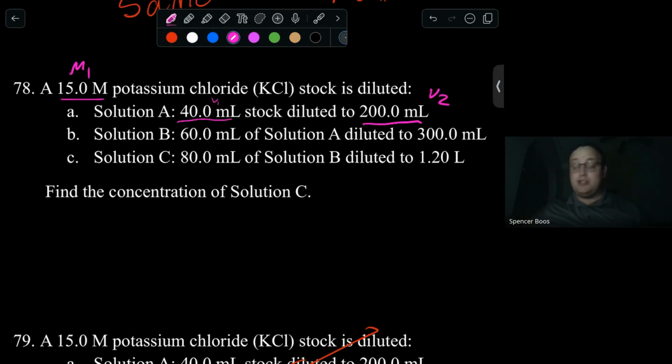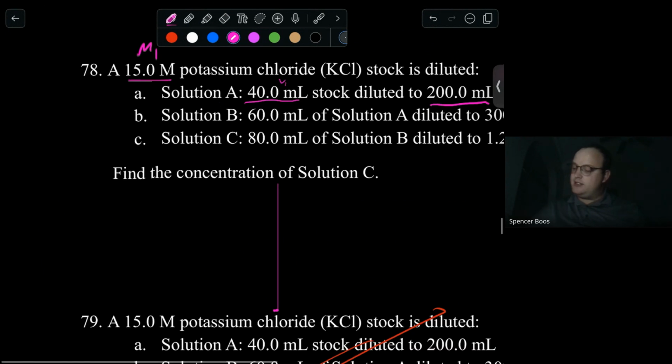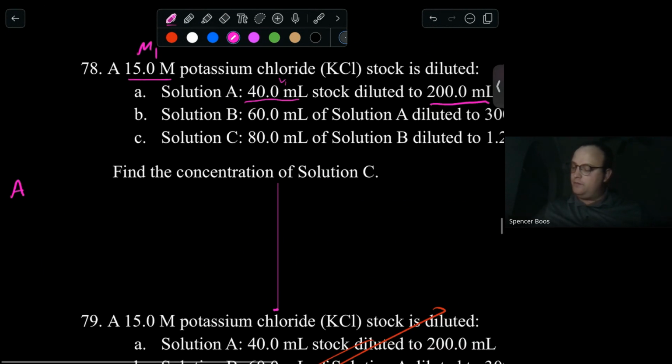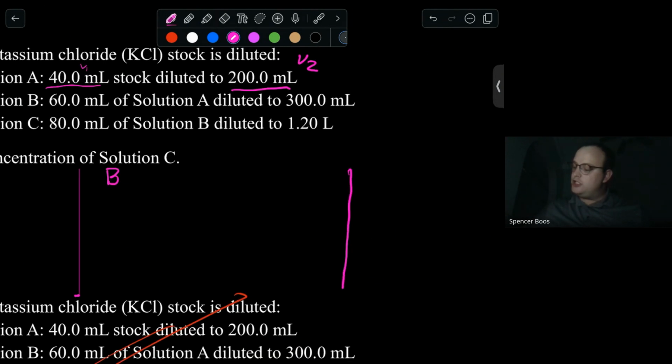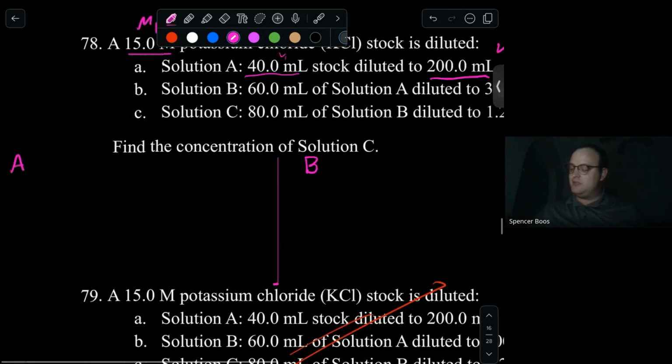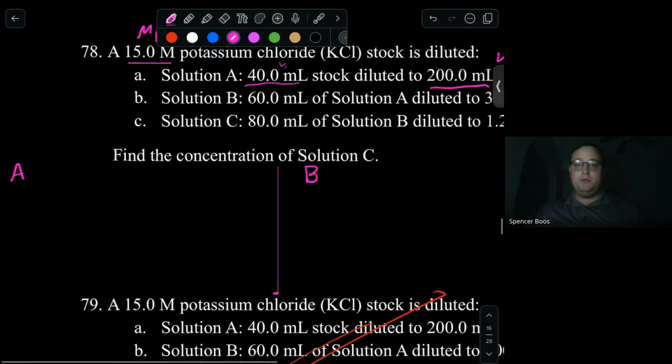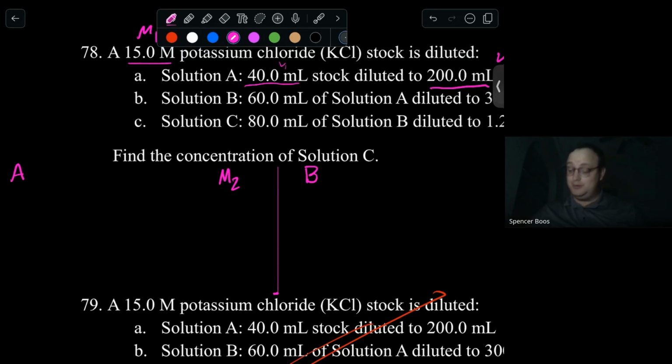Now, me personally, I like to organize these first by doing solution A, then solution B, and then solution C. So let's talk about solution A. We need to find M2, and that's our whole goal.